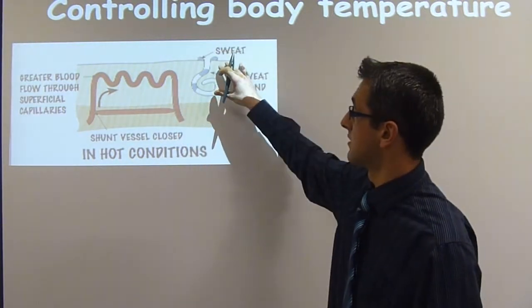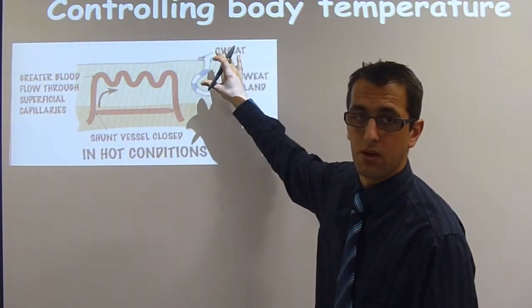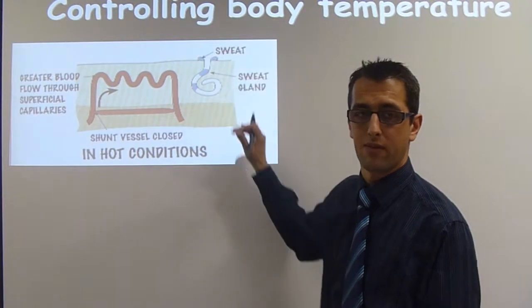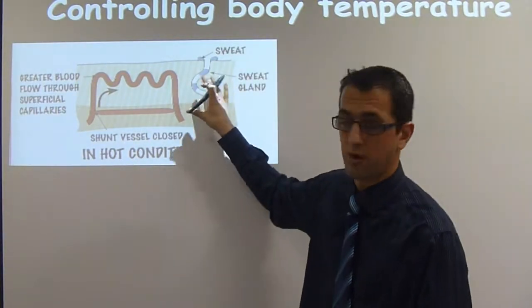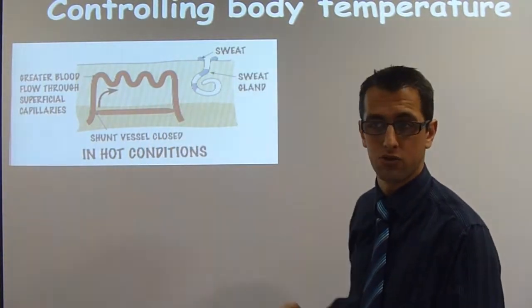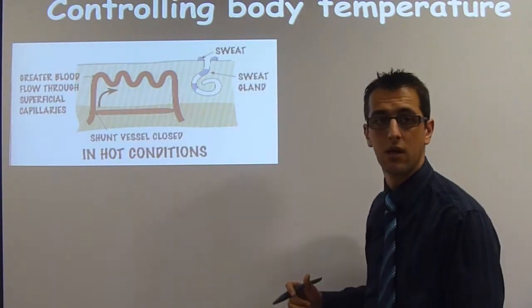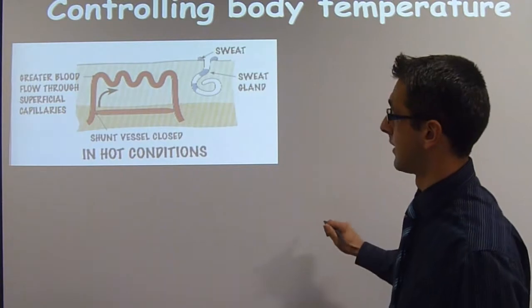So we're evaporating sweat into a vapor, therefore to do that we're using heat energy to drive that process, and that source comes from your excess body heat that you're trying to get rid of. So sweating and being wet is an excellent way of removing excess body heat.